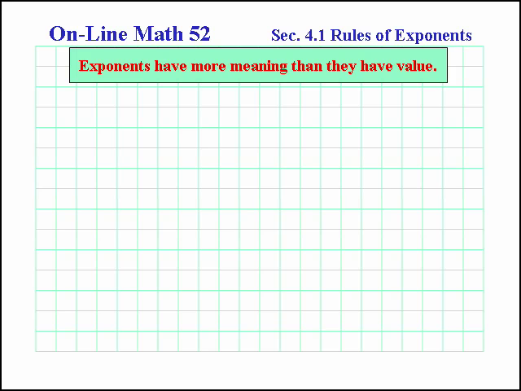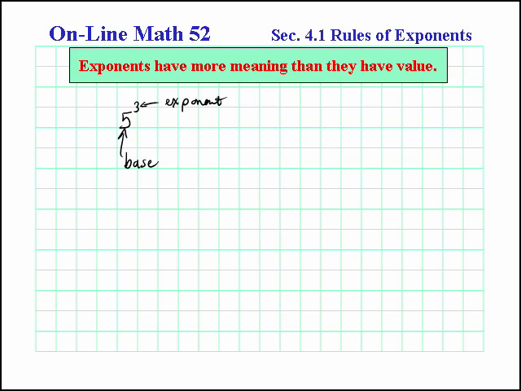What does an exponent mean? As a quick reminder, if we have something like 5 to the third power, we call this 5 the base, and this 3 is called the exponent. We don't want to look at the numerical value of 3 as if we're doing anything special with 3 and 5.